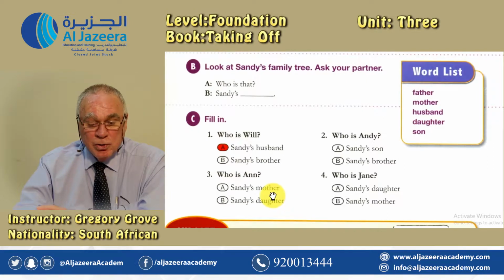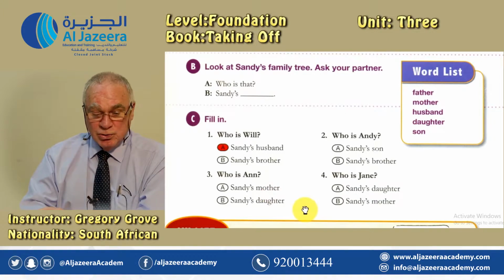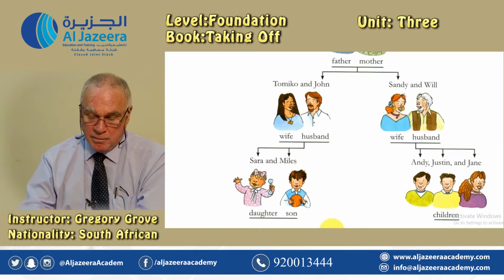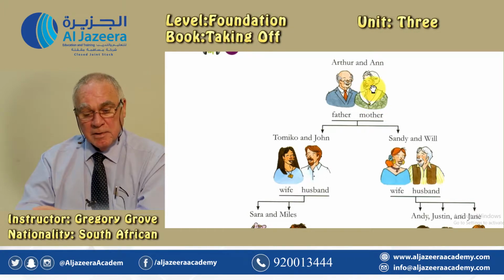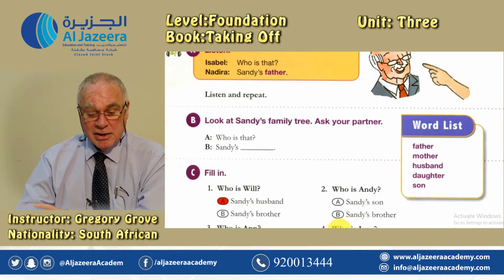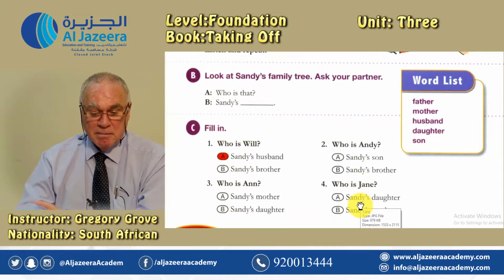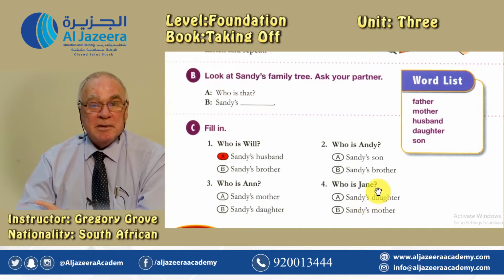Then we ask, who is Anne? Sandy's mother or Sandy's daughter? Let's have a look. Who is Anne? Well, there we have Anne, and Anne is Sandy's mother. Who is Jane?